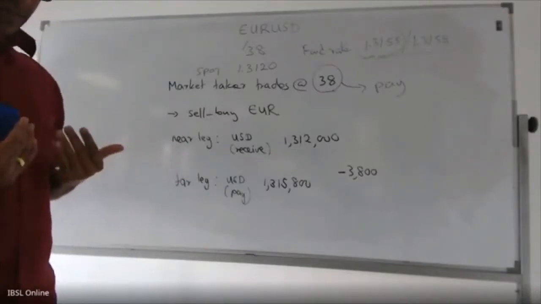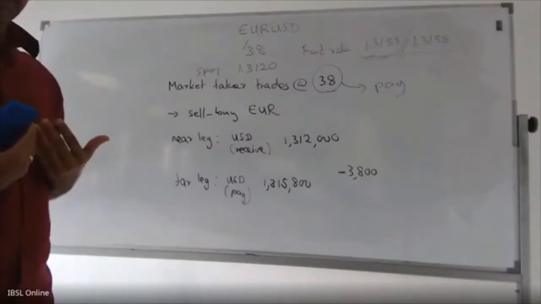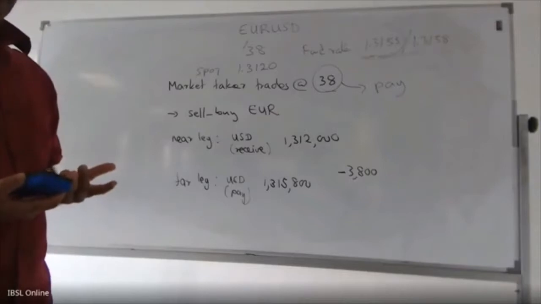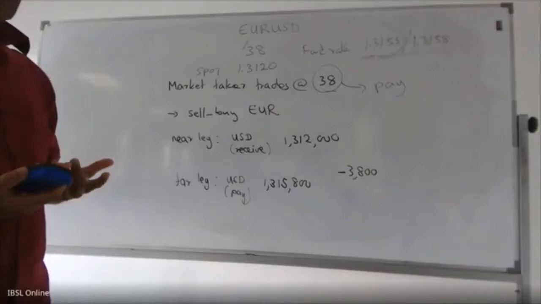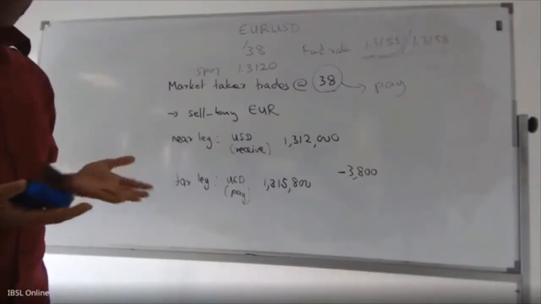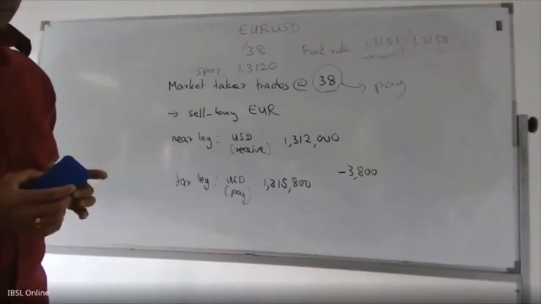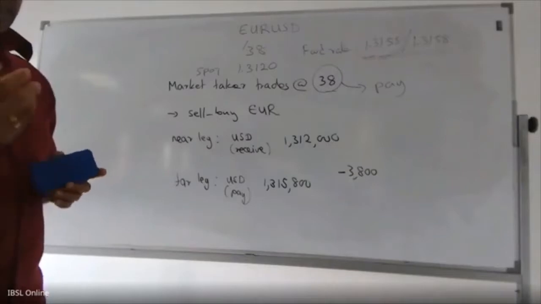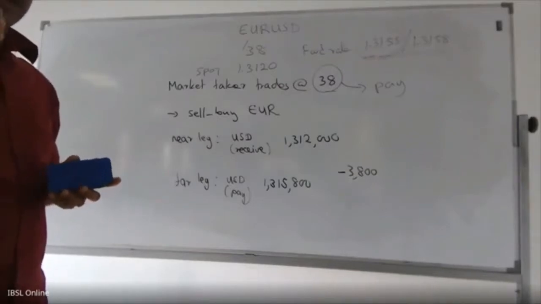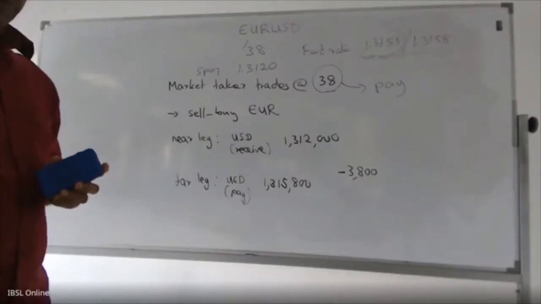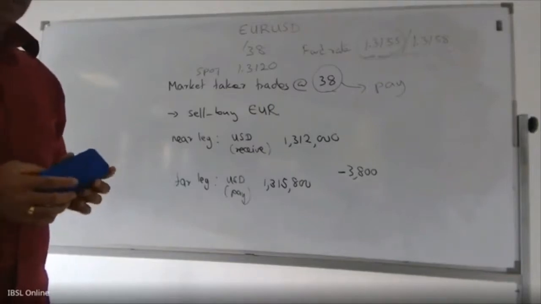The market maker's perception can be incorporated into the spot trade when they quote. Can you remember we discussed how to trade in the trending market? If you think the exchange rate is going to go up, you quote as a market maker a slightly higher bid than the others.